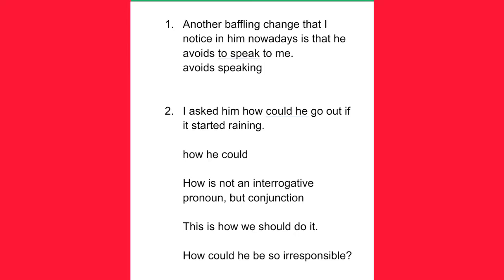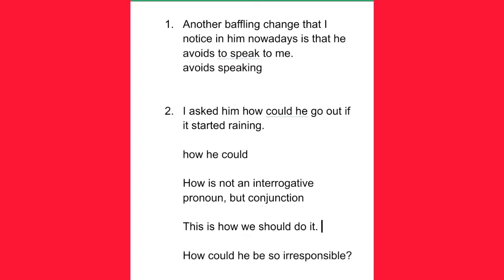Now here we are using the word how, but what is how? Is it an interrogative pronoun? No. So do not try to assume the meaning of a word in isolation. The meaning of most of the words used in English is context based.